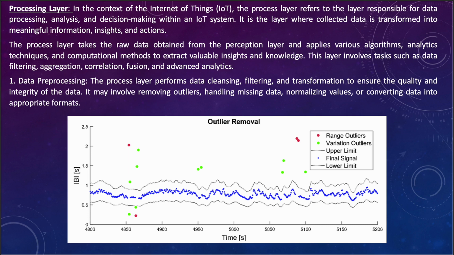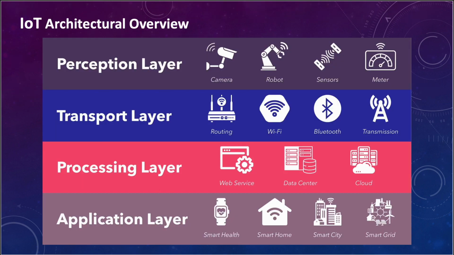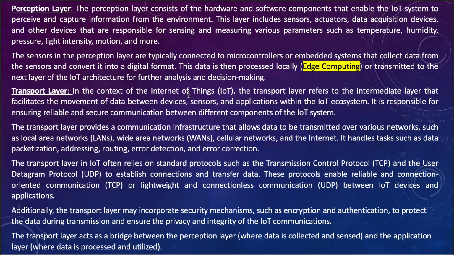But remember that processing does not happen only in the processing layer itself. In the perception layer, we find edge computing, where data is processed locally. So some of the data is actually processed locally. IoT devices have the capability of driving the process by themselves.